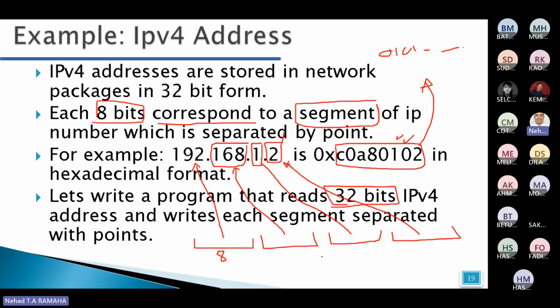So what I will do is take the IP address as hexadecimal, then divide it into 8 bits, and print each 8 bits on the screen as a segment, and we put a dot between each segment. It will work like this.